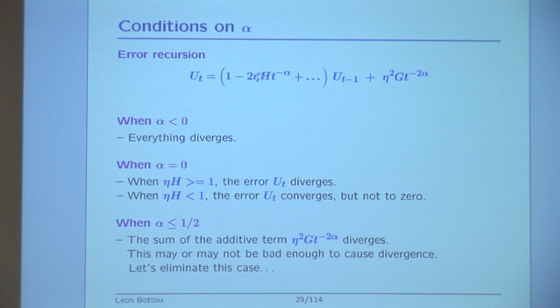If it's less than 1, the product of these terms is going to go to 0, but here I'm going to have some kind of convergent series, and I'm going to have an extra residual term. So when alpha is less than 1/2, the sum of this term diverges, and that could be bad enough to cause divergences, so I'm going to eliminate this case.